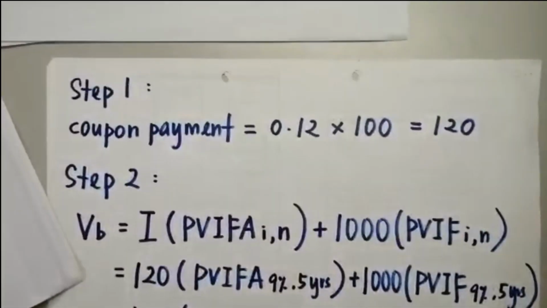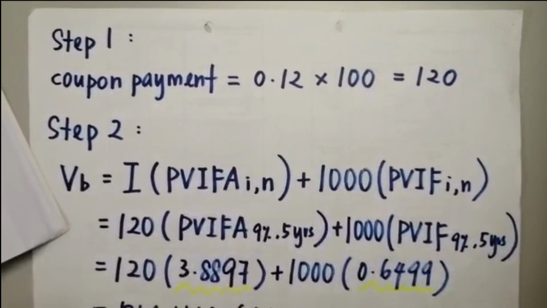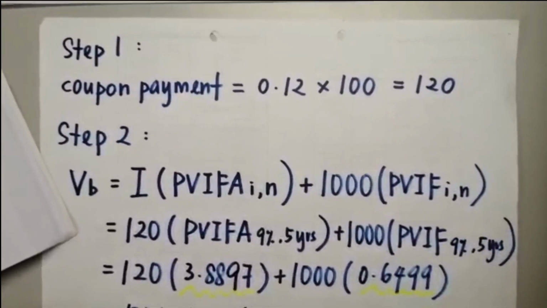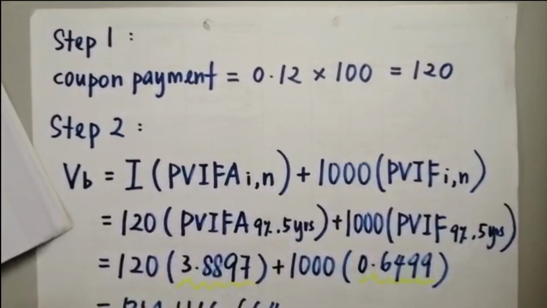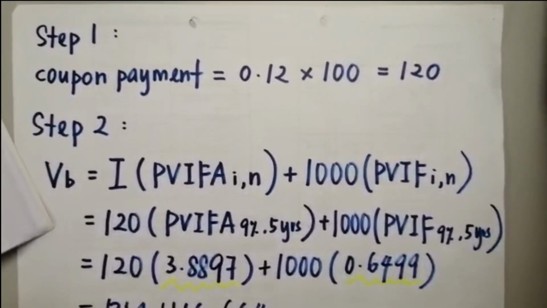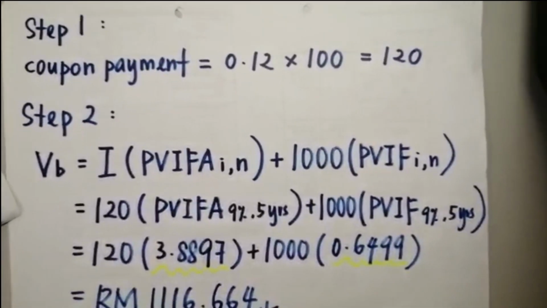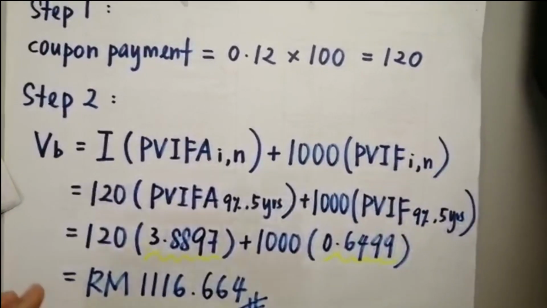So first step, we would like to find the coupon payment, which is 0.12 times 1000, and then we will get 120 for the coupon payment. After that, we put the values into the formula.